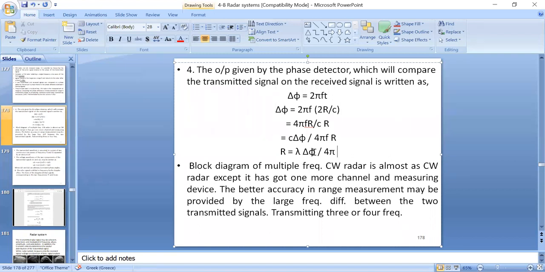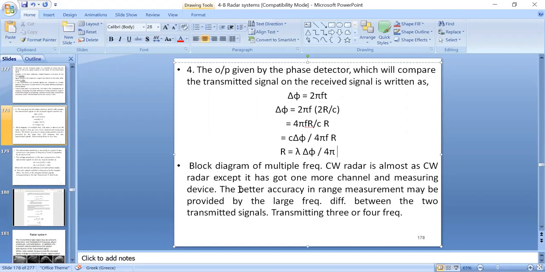So we must always keep this phase difference less than 2 pi, okay? If you substitute del phi as 2 pi, then r is equal to lambda by 2. In that case, maximum ambiguity is present regarding the target location detection, right?